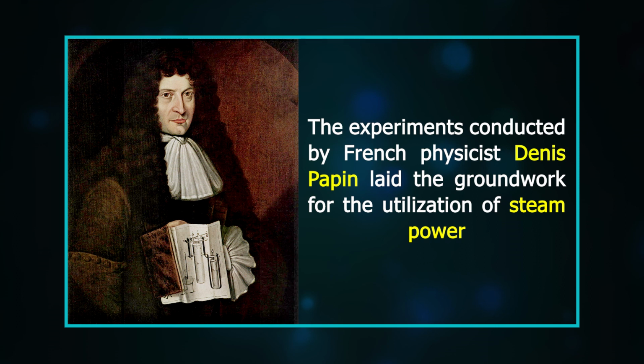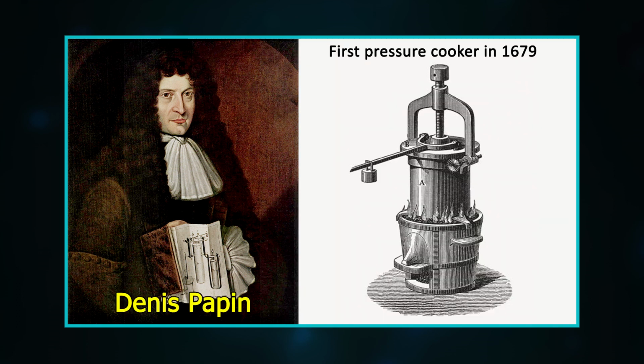The experiment conducted by French physicist Denis Papin laid the groundwork for the utilization of steam power. Papin created the first pressure cooker in 1679, a closed container with a tight-fitting lid that contained steam until high pressure was produced.